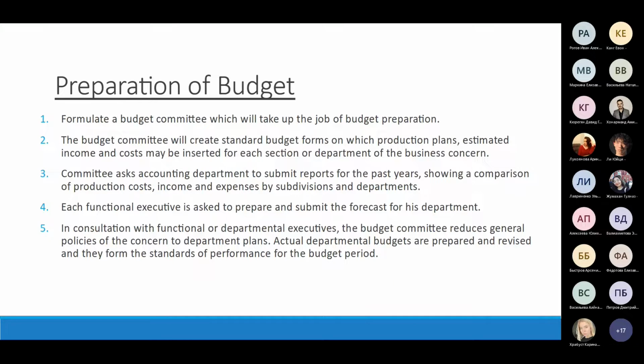So actually later the budget committee is summarizing all the forecasts given by different departments.